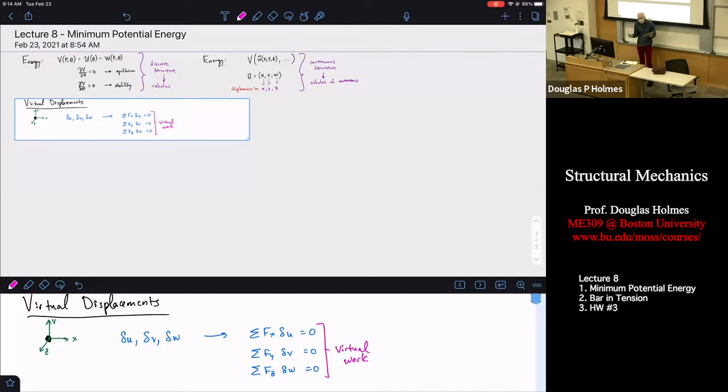And we know, or hopefully you recall, that the principle of virtual work says that this virtual work here, the three equations I've listed here, must vanish if the particle is in equilibrium.